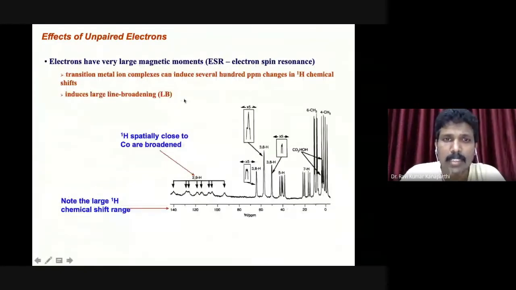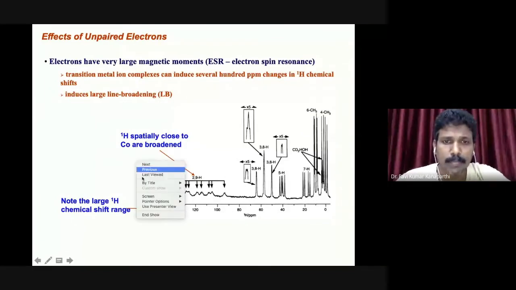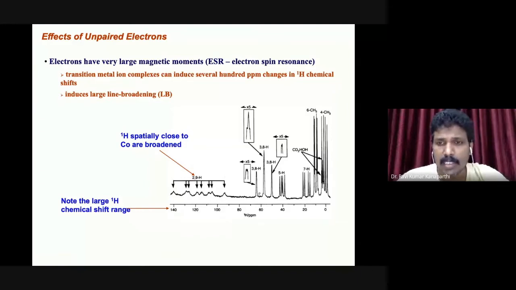The best example is given, one particular example. I'm not sure what compound it is exactly, but you can make out that it is one compound's NMR spectrum. You can see it should be confined to this region, the proton NMR spectrum. But the effects have gone outside the region, and you can see that it has gone up to the 140 region. The NMR peaks will also be broadened.